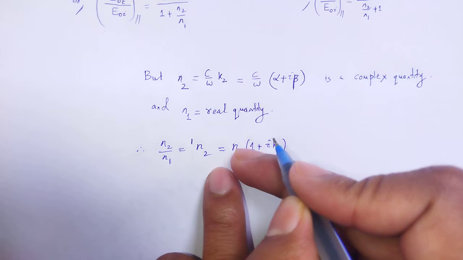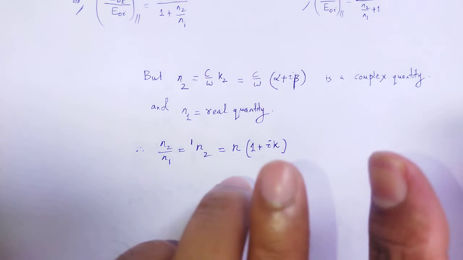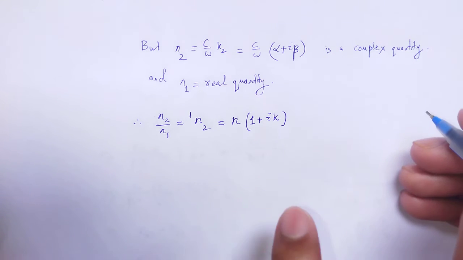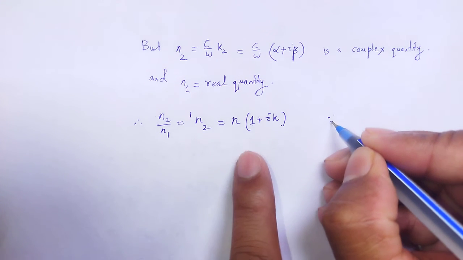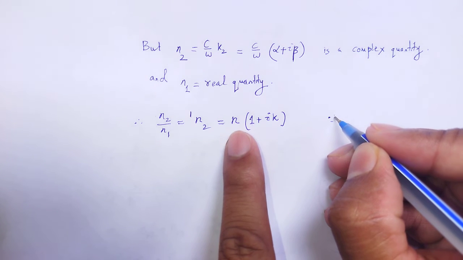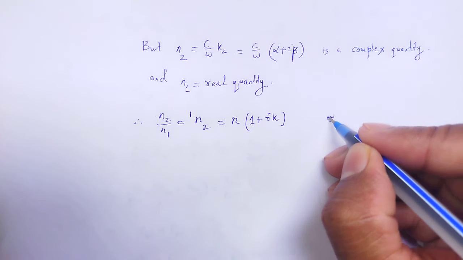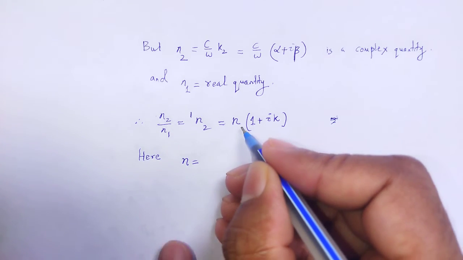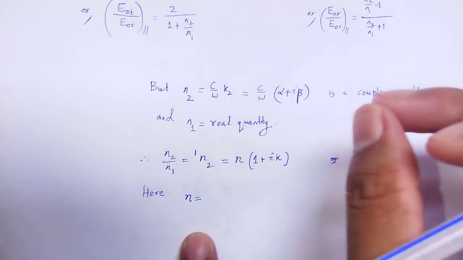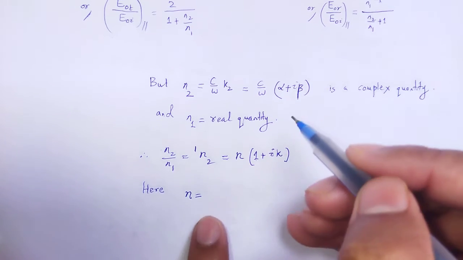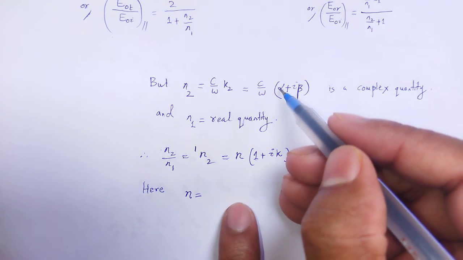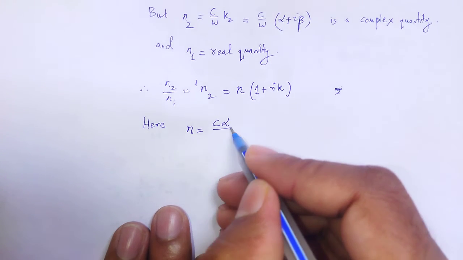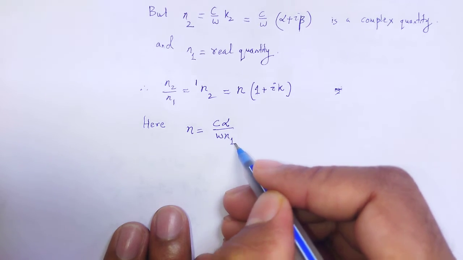Now N overall we represent for that of refractive index. That is why here N is equal to, here N will be how much? As we compare this one to this, N will be how much? C alpha by omega N1.